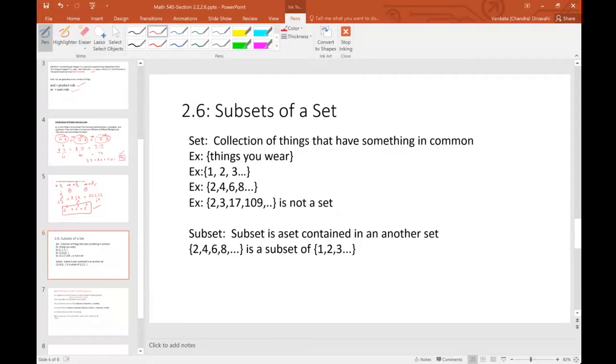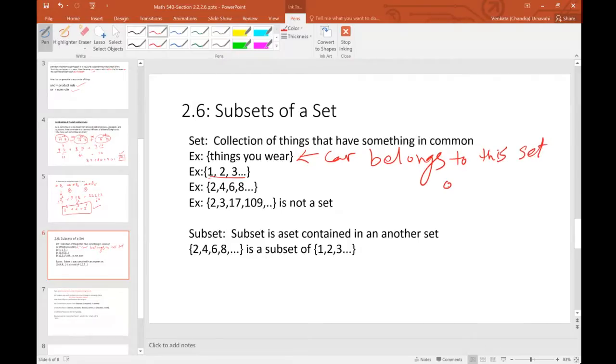The most important thing for you to think about, whether something is a set or not, is that all the members in the set should have something in common. That means if I give you one number, you should be able to recognize whether it belongs to that set or not. For example, in things you wear, if I give you the word car, you should be able to figure out whether that car belongs to this set or not.